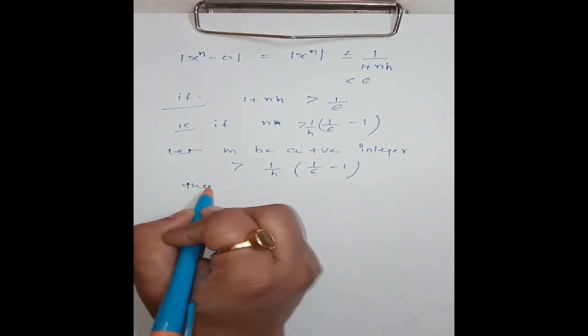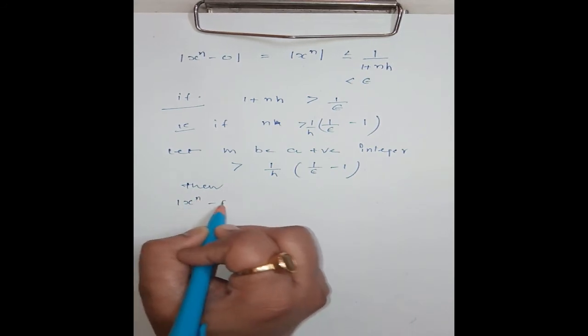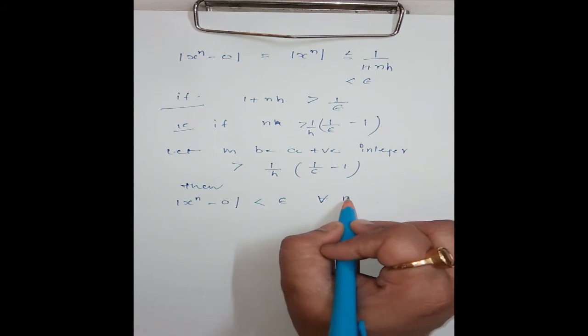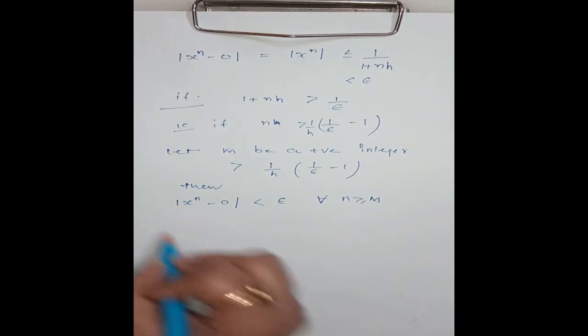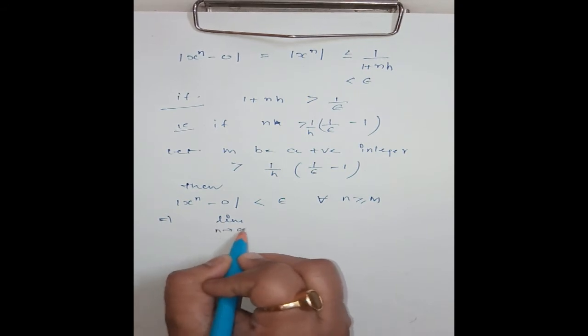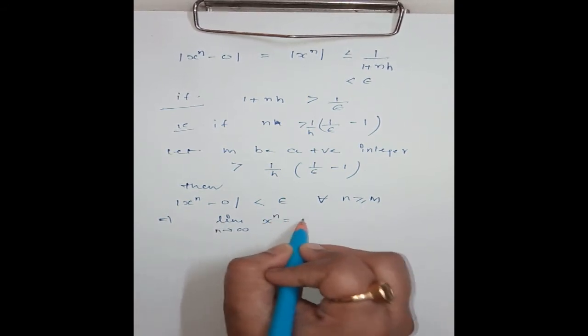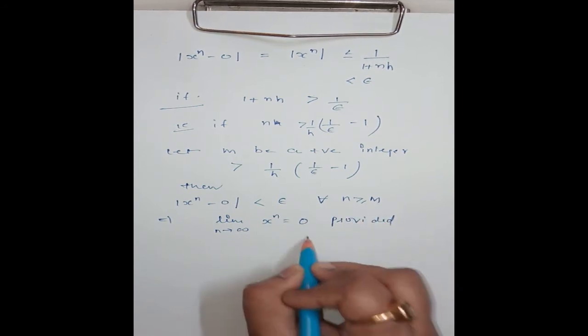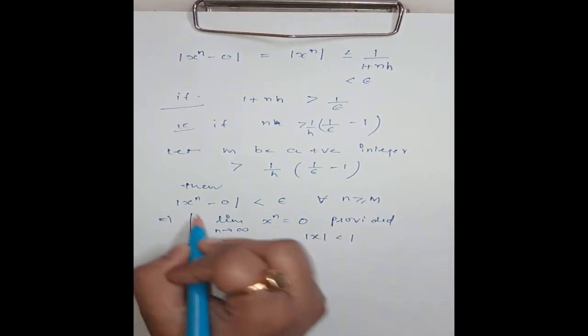Then we have x_n minus 0 is less than epsilon for all n greater than or equal to m, and this will imply limit n tending to infinity x_n is equal to 0, provided mod x is less than 1. Clear?